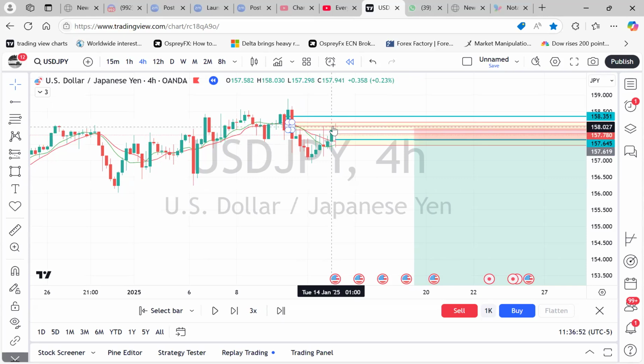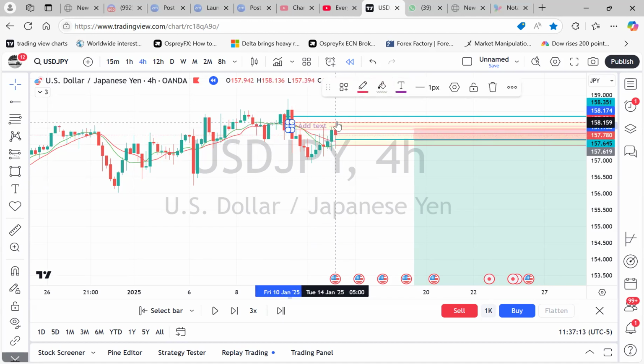So if you could have got this 0.5 entry, right? It would have been a hard sell for most of us because I trade London session, but I'm not staying up all night waiting to see if price is coming back in my area. And I don't need to set a limit because I was already in a trade by Tuesday. But price eventually came back up into your level at 5 a.m. New York time.